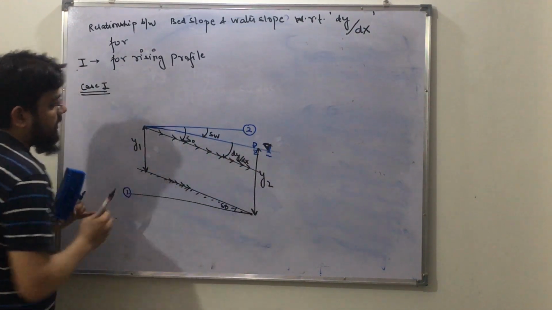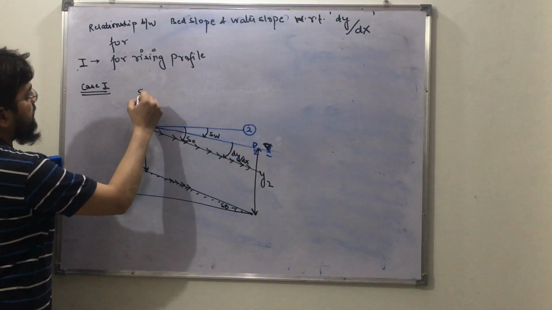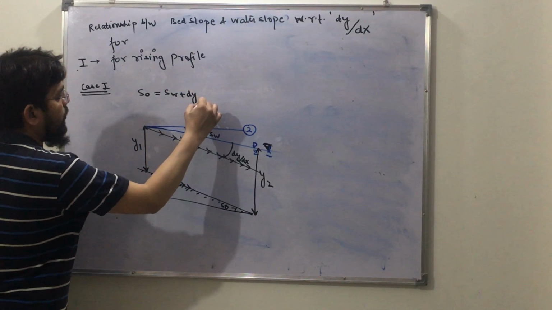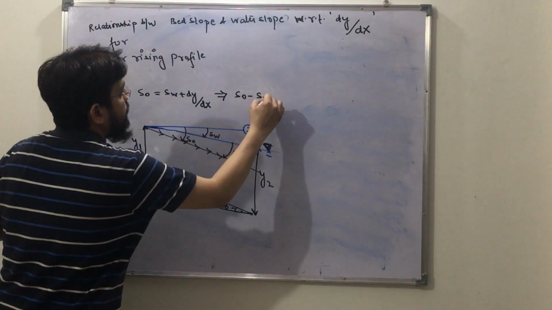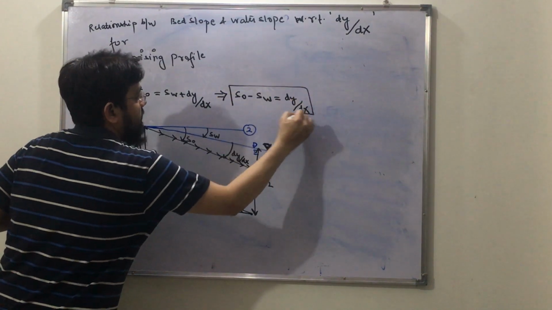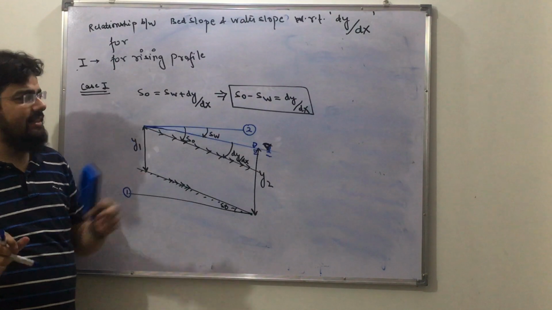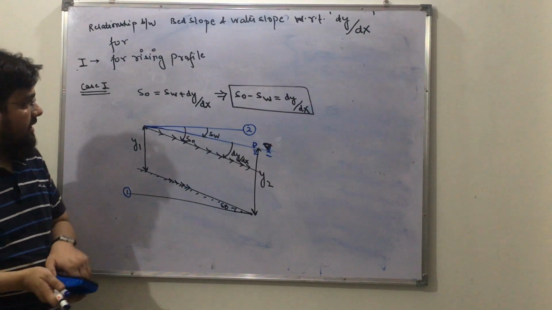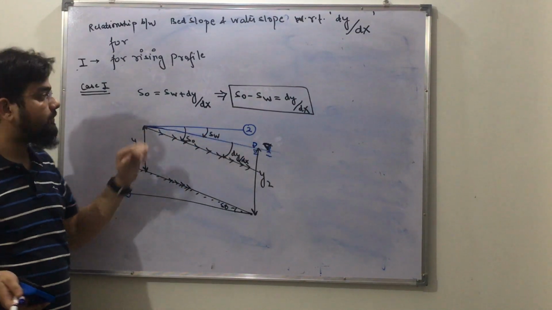So this is a rising case, and for rising case we can deduce the relationship that S0 is equal to SW plus dy by dx, or we can say that S0 minus SW is equal to dy by dx. This is the condition. Why I am trying to mention all these conditions is because when we will take up numerical problems, we will see the use of all these things. So this is a case when S0 minus SW is equal to dy by dx. So this will be a case of rising profile.